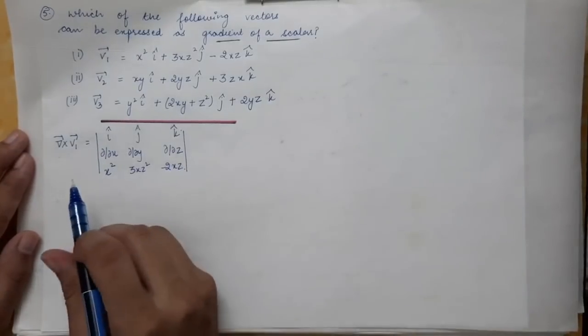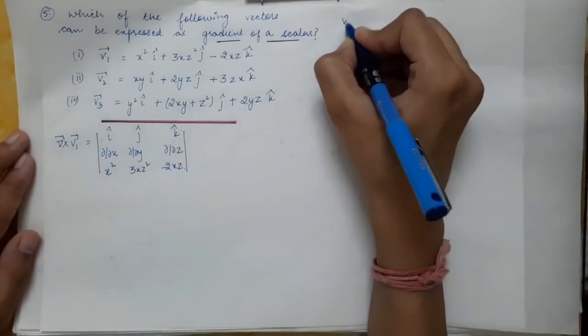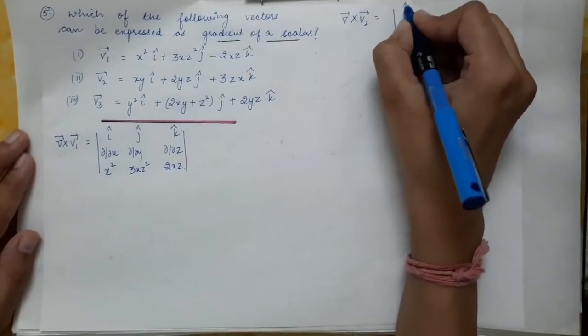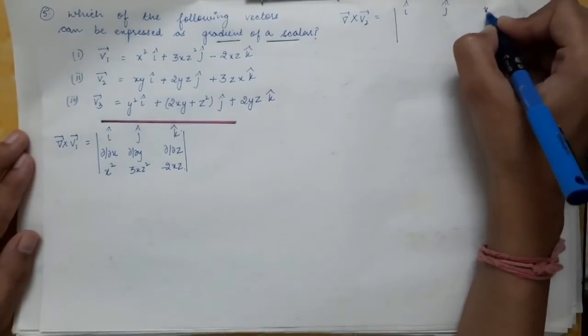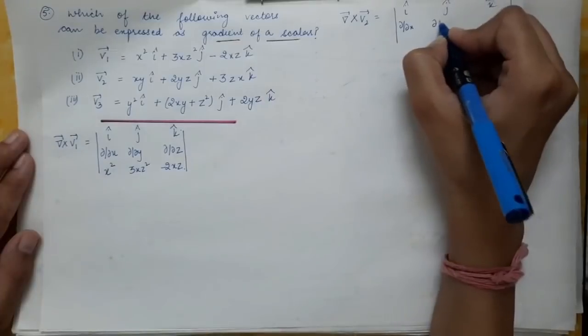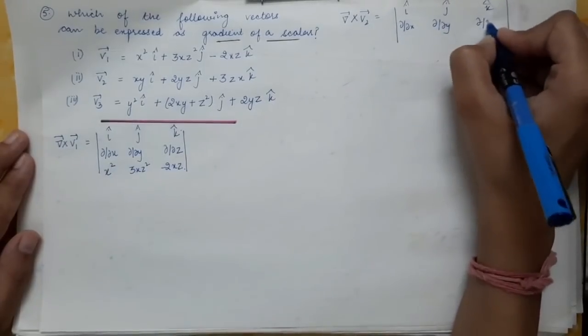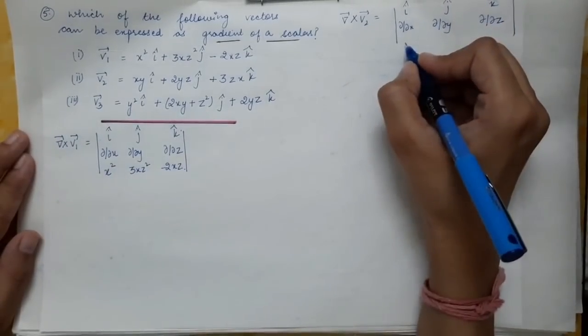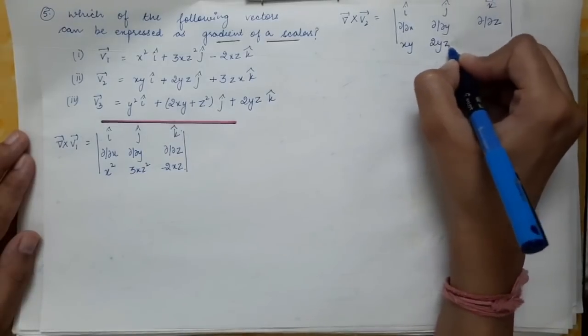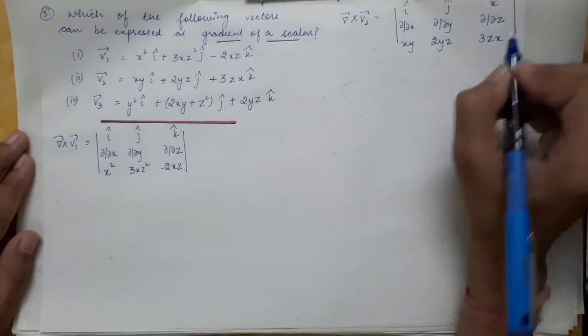Then we will find curl of v2 vector. That can also be found using the determinant. The second row will be del by del x, del by del y, del by del z. Then we have to write their components. First will be xy, then 2yz, then 3zx.